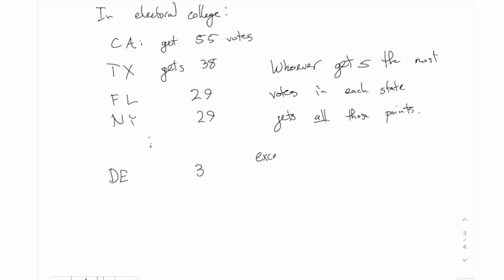And these rules have been changed a little bit. So the state of Maine and the state of Nebraska actually allocate their points proportionally. And so if the vote in the state of Maine is kind of even, then they will give their Electoral College points evenly to the two choices. So except for Maine and Nebraska, which allocate proportionally. But the other states don't do that.